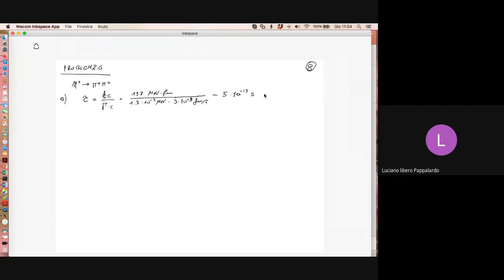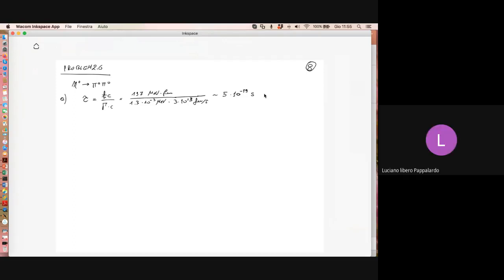So again, a question for you: what kind of interaction can regulate this decay if the decay time is order 10 to the minus 19? Is it electromagnetic interaction now? Exactly, yes.